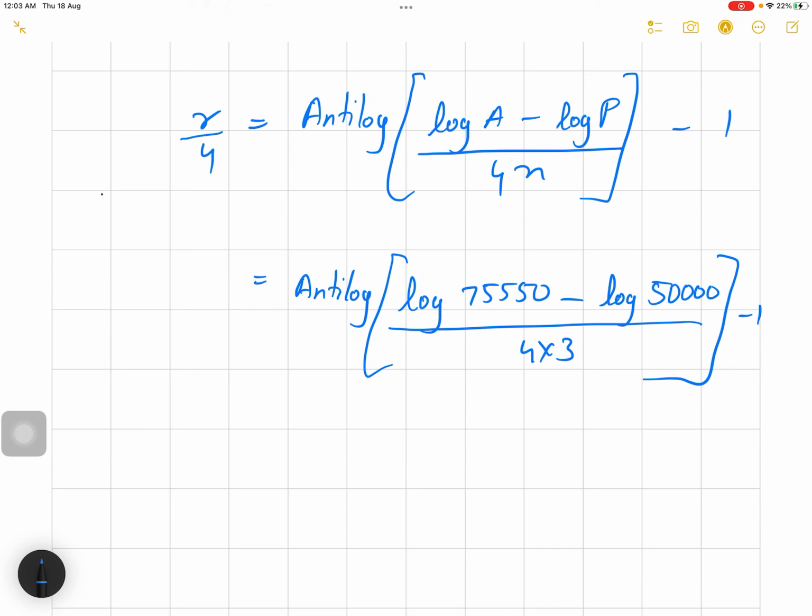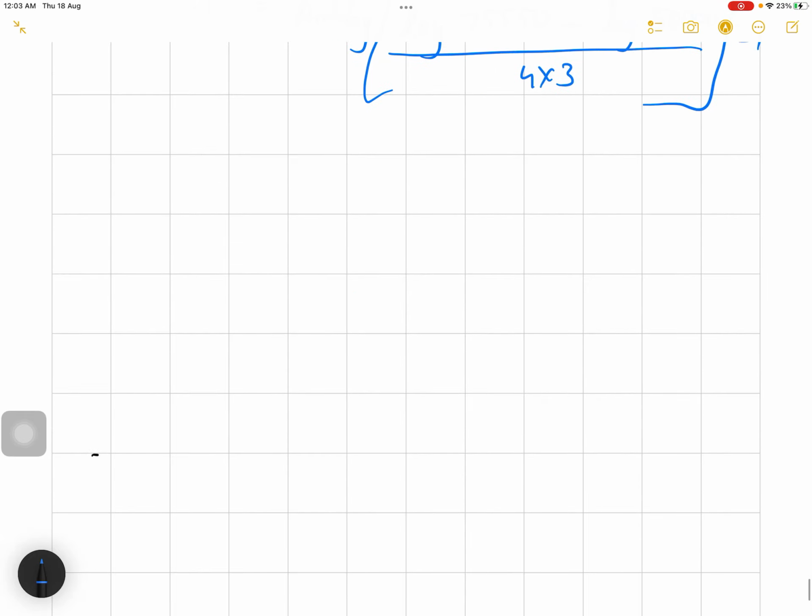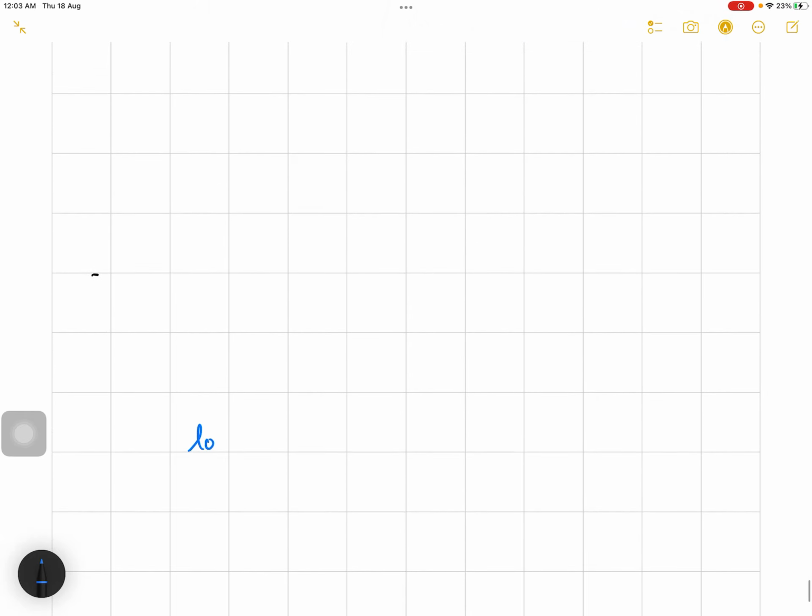Let's find log 75,550 and log 50,000. There are 5 digits, so 5 digits means 4 point something.